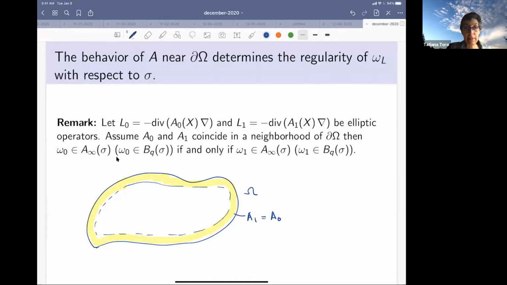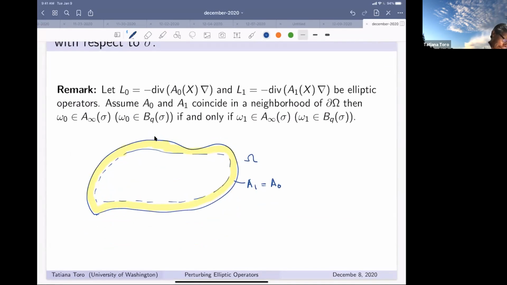Let me take this as a time to introduce what it means to be a B_q weight. It will not play an enormous role, but for those of you who know it, it completes the picture.